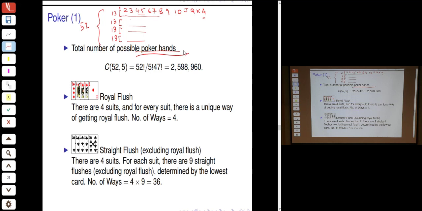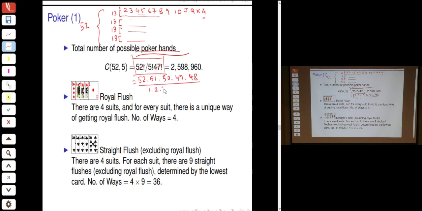Okay. And 52 choose 5 is 52 factorial over 5 factorial times 47 factorial. And as we already discussed, if you try to compute this directly, you will be in a soup. So what you do is cancel the 47 factorial with the 52 factorial and get 52 times 51 times 50 times 49 times 48 divided by 5 factorial.